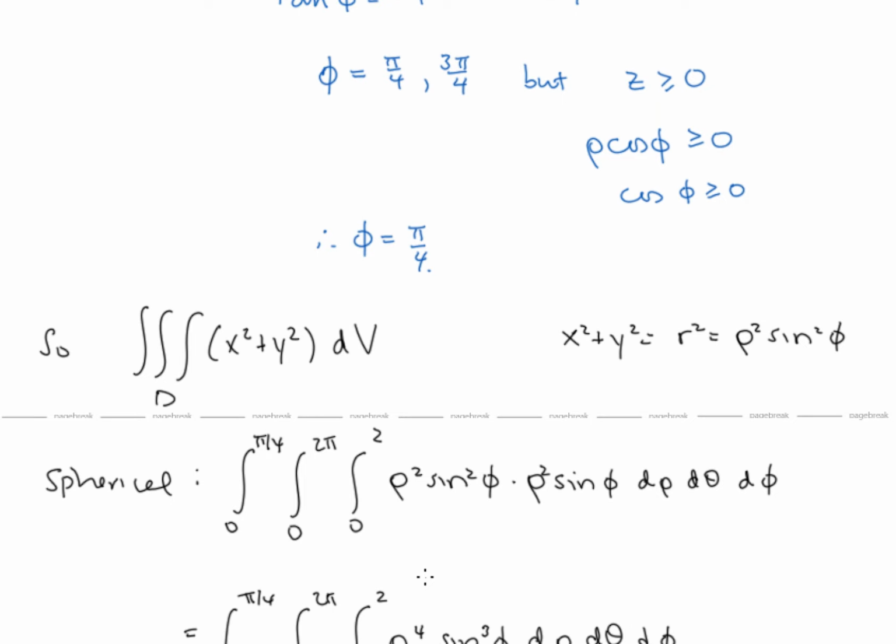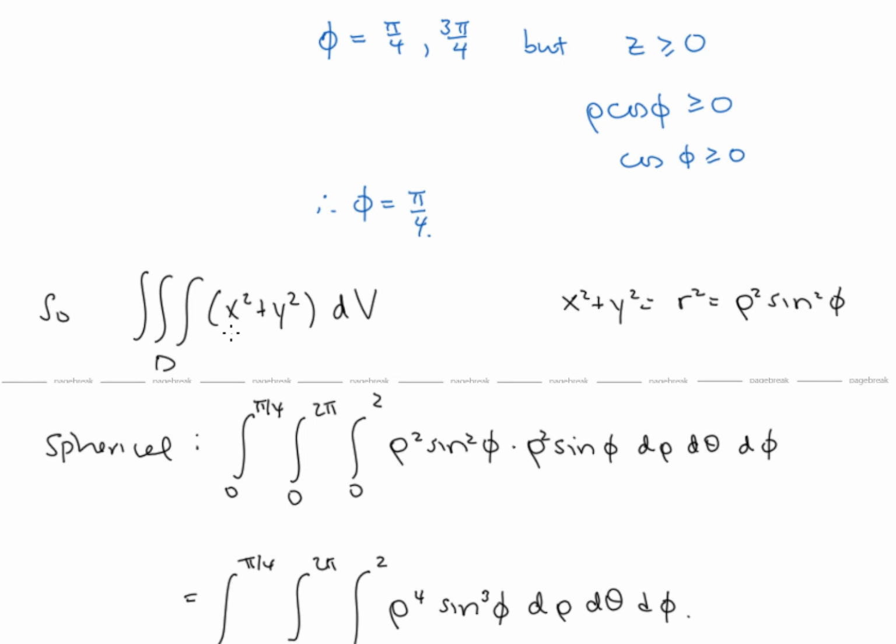So now we're ready to integrate in spherical coordinates, and we also need to take a look at our inside function, x squared plus y squared. In spherical coordinates, x squared plus y squared is equal to rho squared sine squared phi. So that goes here, our rho squared sine squared phi. Then we have our dV, rho squared sine phi d rho d theta d phi.